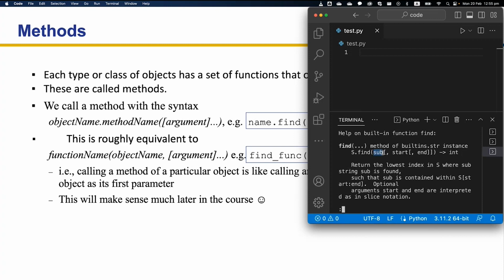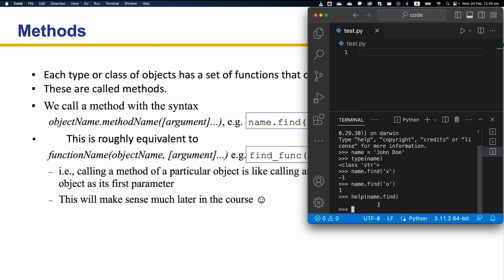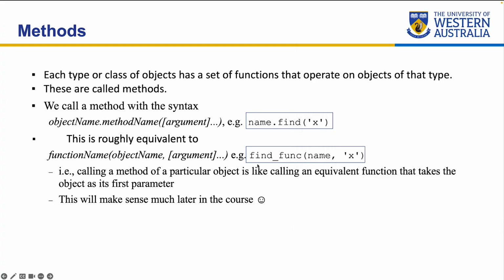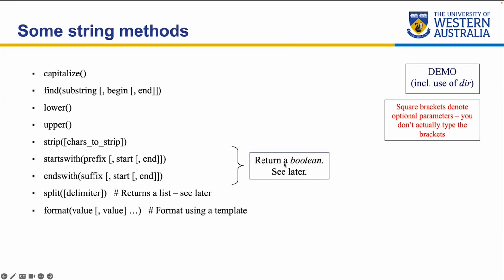So actually, it doesn't have to be just a single character, but it can be multiple characters. So if I have OE, then it's going to return the index of the second O, which is 4, 5, 6. So that's this particular example here.